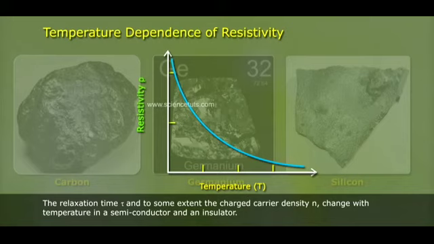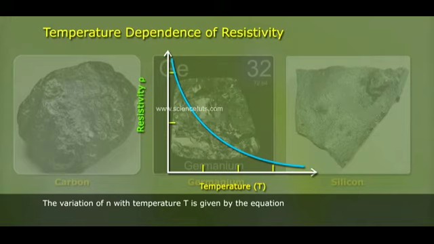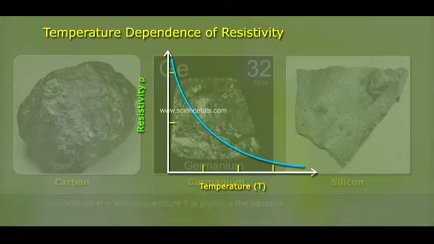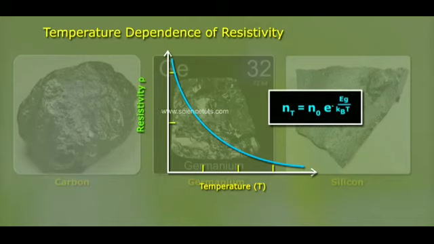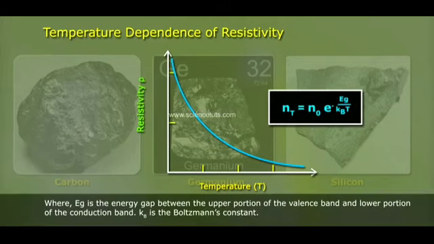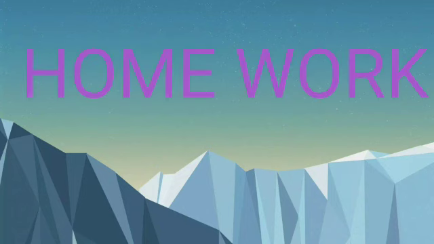It can be written as rho is equal to m by N e squared tau. Next, from this, the resistivity of a material is inversely proportional to the number density of the electrons, and second, inversely proportional to the average time between collisions. So the graph shows the temperature dependence of resistivity for a semiconductor. That's all. Okay students, today's topic is over.